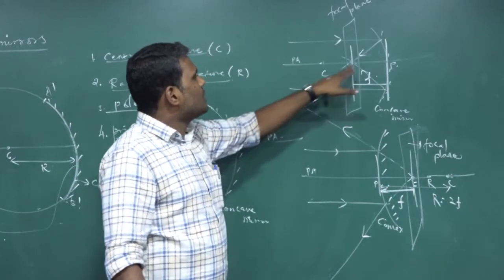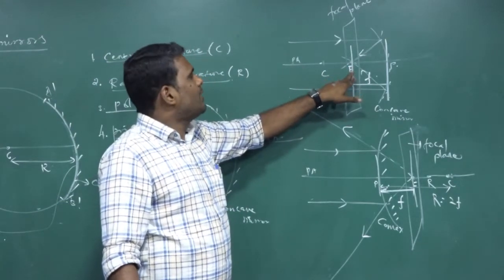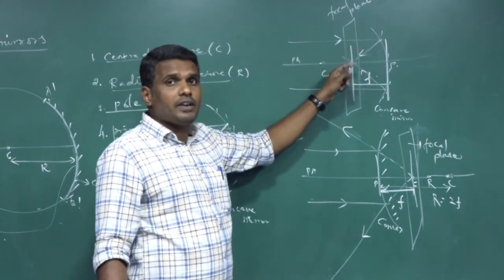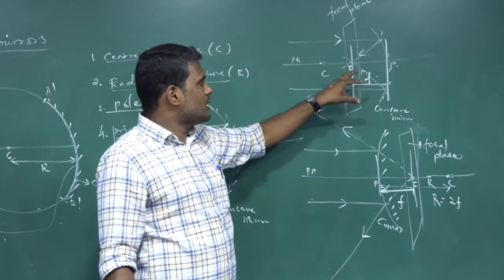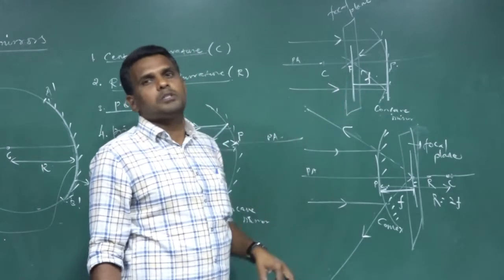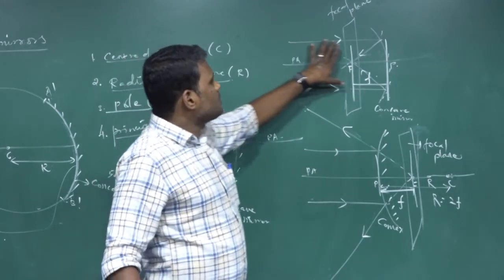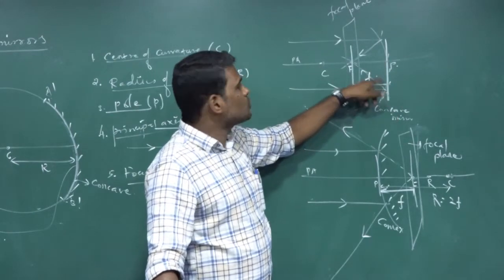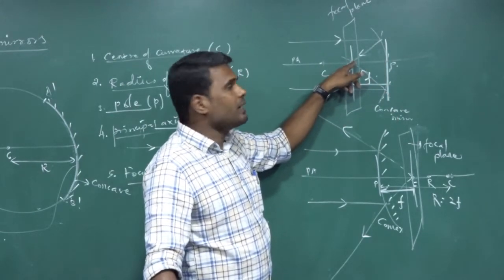And then what is principal focus? When light radiations are made to fall on a spherical surface, after reflection it will converge or diverge at a particular point on the principal axis. The rays passing parallel to the principal axis after reflection from a concave surface will converge at a particular point on the principal axis.